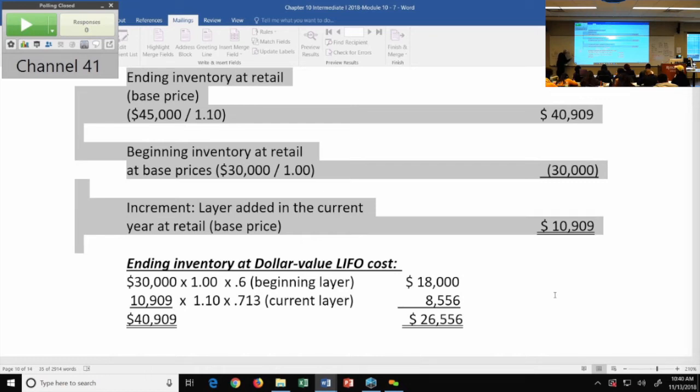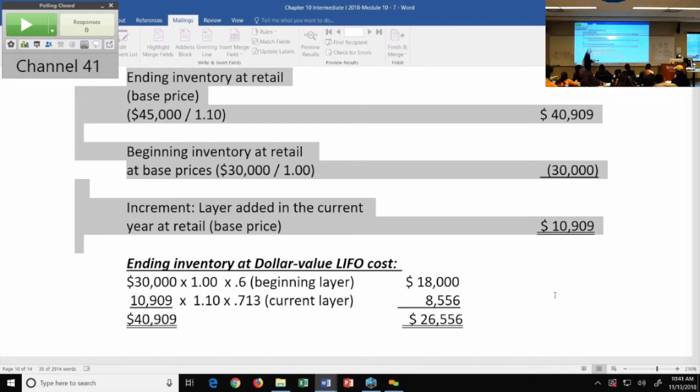And that's going to be 8. So the only extra step is here. You had to get the beginning inventory increment at the base year price.